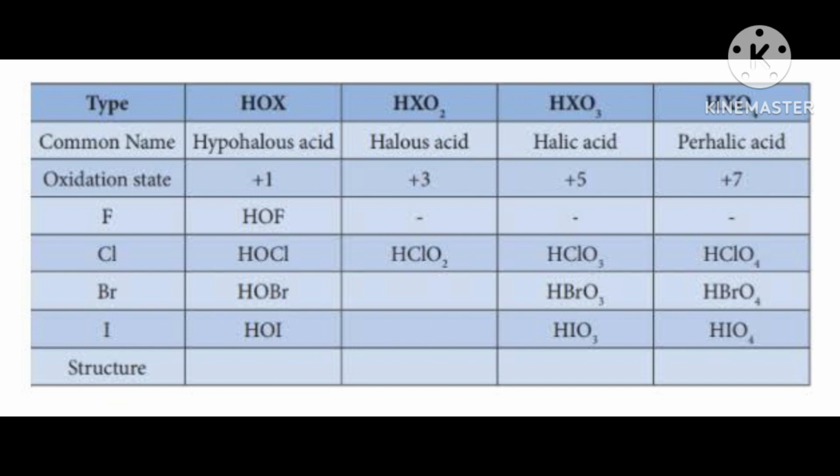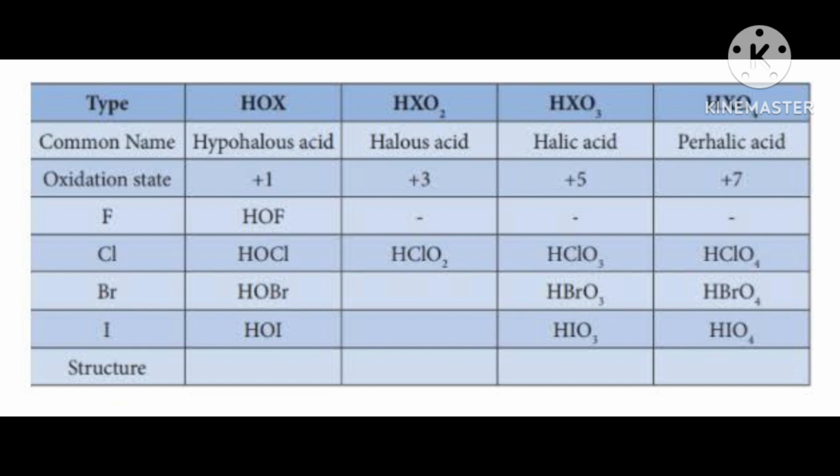Next is chloric acid. Here chlorine has 5 oxidation state, HOClO2, total 3 oxygen. In chlorous acid 2 oxygen was there; here 3 oxygen is there in chloric acid, oxidation state 5.